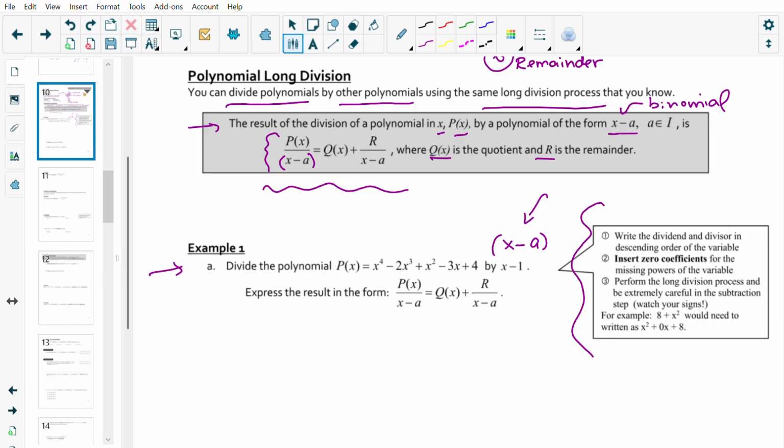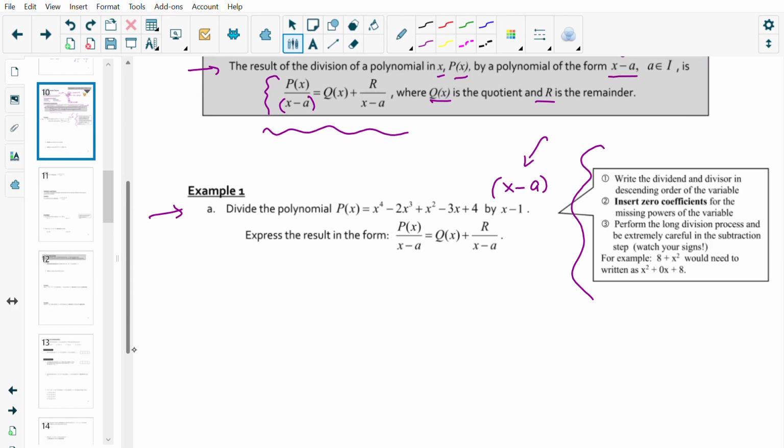So you have to check first, very important. Insert 0 coefficients for the missing powers of the variable, like placeholders. Perform the long division process and be extremely careful in the subtraction step. Watch your signs. For example, 8 plus x squared would need to be written as x squared plus 0x plus 8. So let's do this first example.